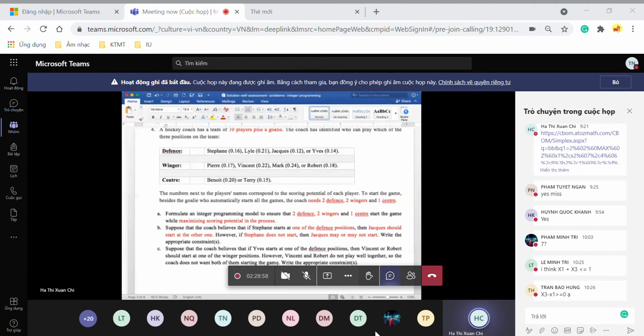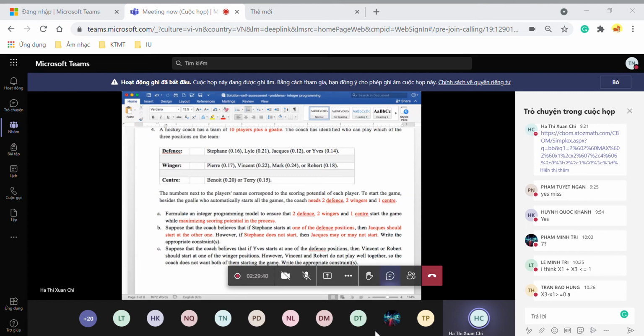However, Vincent and Robert do not play well. If no, so if no, the coach doesn't want to start again. If that is equal to 0, and that equals 0 and this equals 0.